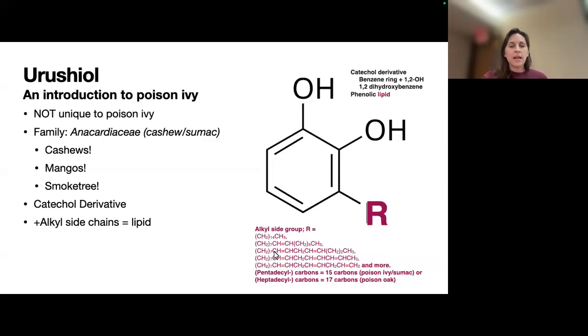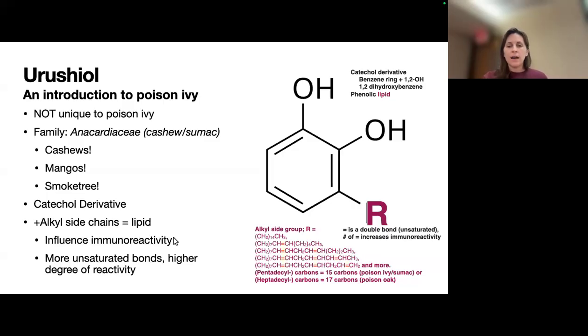And so this alkyl side group, an easier way to think of this is like a lipid, so a fatty acid. And if you think about that, that's also part of what gives it that glossy look or the oily look, right? And so what is also really interesting, and the reason why I highlighted these chemical structures here, is because this equals sign is actually representative of a double bond.